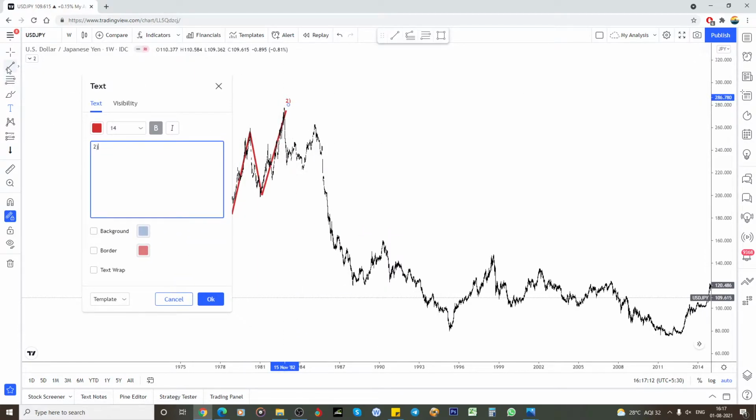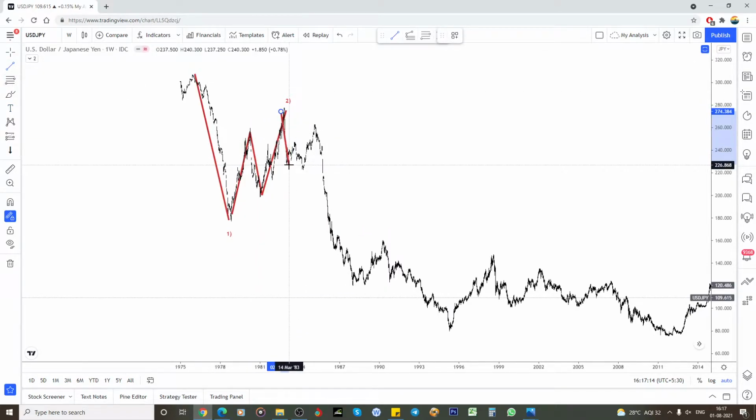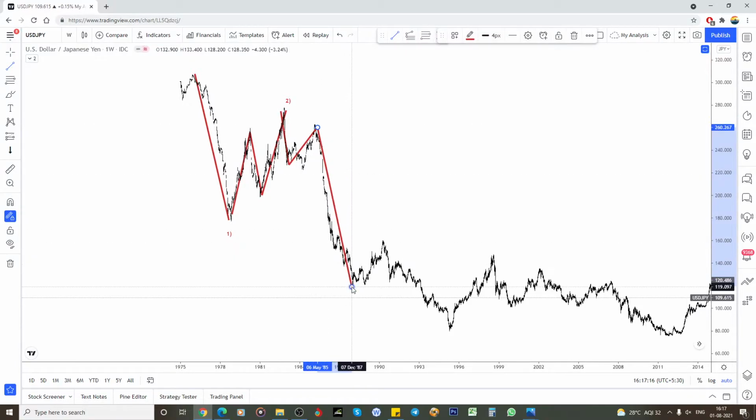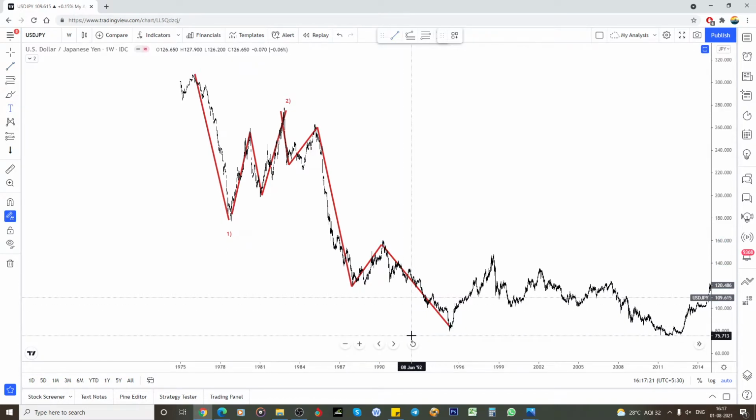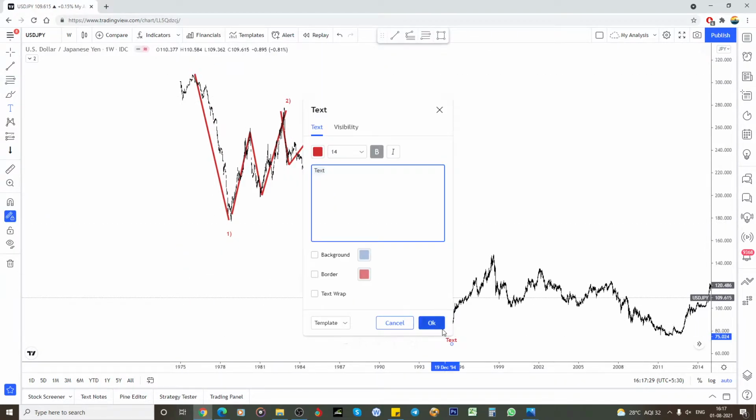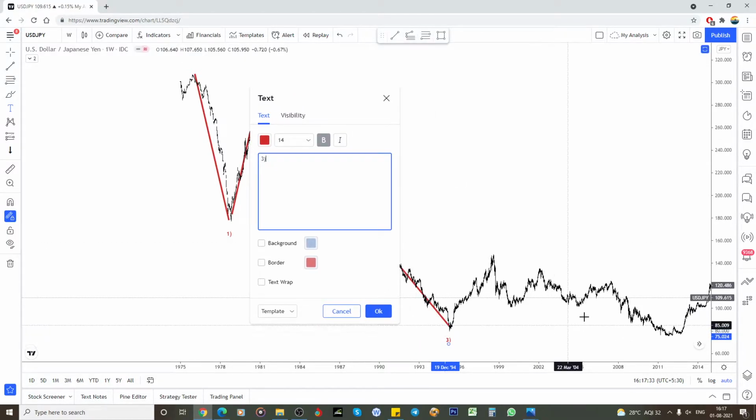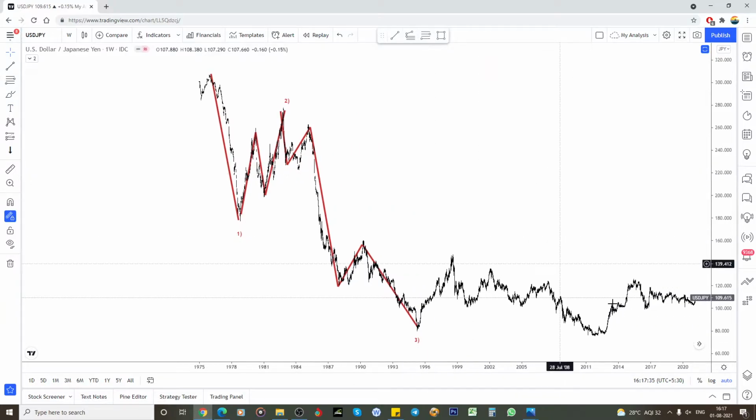So C consists of a 5-wave structure: wave 1, wave 2, wave 3, wave 4, and wave 5. If it breaks this low, this is the end of the trend. If we mark this as A, B, and C, here we need to mark this as a third, because we are already viewing this and we have already broken this low.